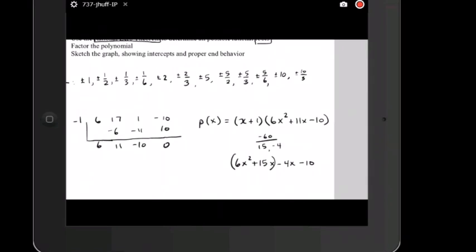And group the first two terms, and from that you can factor out a 3x. And then when you group the next two terms, you can factor out a negative 2. And that leaves you with 2x plus 5 as well.